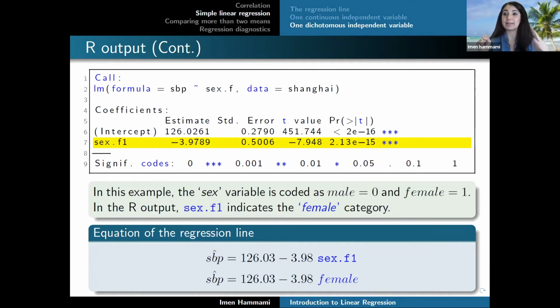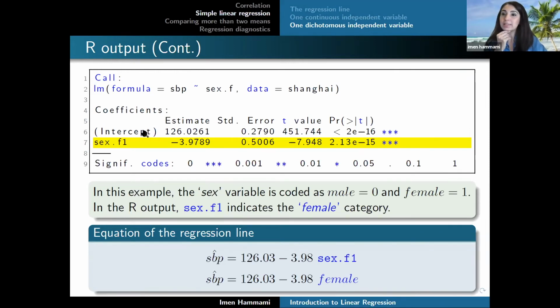However, you get an estimation of how different the other group is as compared to the first one. So you only get a slope for females, which means a difference for females as compared to what? As compared to the reference group. And this 4 millimeter of mercury here, I'm just rounding the number, is the difference between males and females. Which means that the females will have 4 millimeter of mercury lower blood pressure as compared to males. Okay, so males is not shown just because it's used as a reference group.